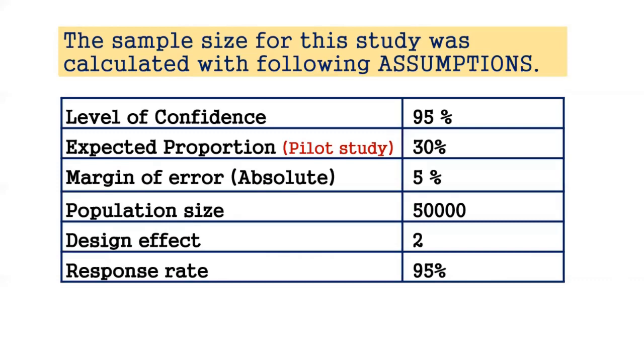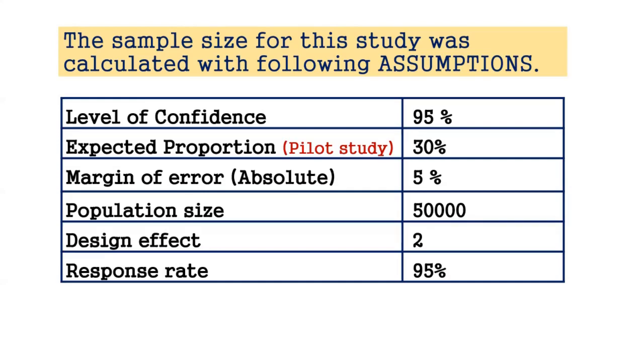So this is the assumption. Here the population size is 50,000, margin of error is 5%, expected proportion is 30%, and response rate is 95%. Design effect is 2. Now calculate the sample size.